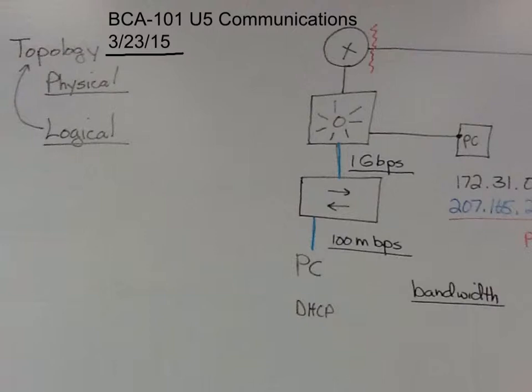The topology, when we think about the topology, we have the physical topology of a network, actually like this from here to here. The PC has a cable, and it runs to a port on the table.